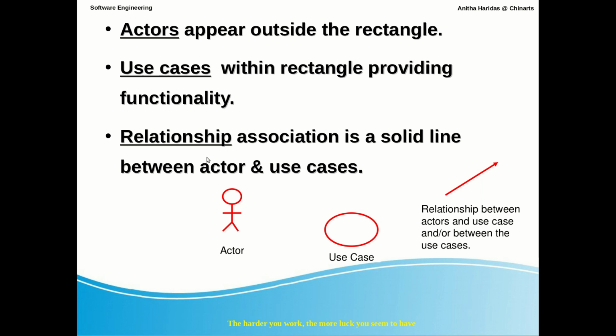The relationship between the actor and the use case will be provided by a solid line. So these are the symbols used in the use case diagram. As you have seen in the example, the actor will be depicted like this, the use cases will be provided in an ellipse, and the interaction between these two will be specified using a solid arrow line.